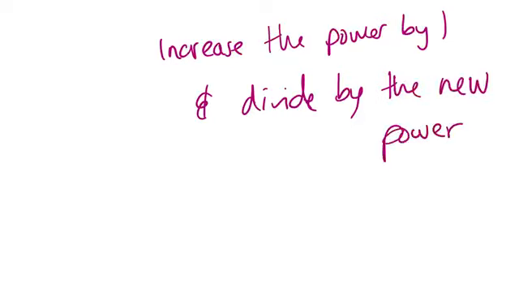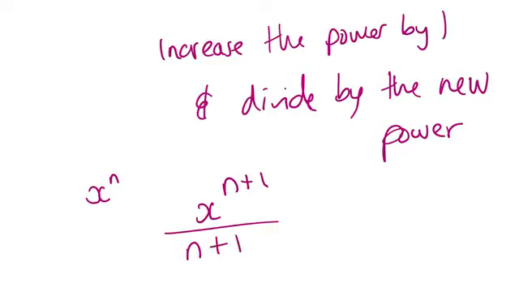So, if you have x to the power of n, you're going to do x to the power of n plus 1 over the new power, n plus 1. Okay? So the integral of this equals this, and what should we always remember? Plus c, our constant of integration. It will then say, find the constant of integration. Find the equation. If you need to find the equation, they'll give you a point, which you can substitute in and find c.